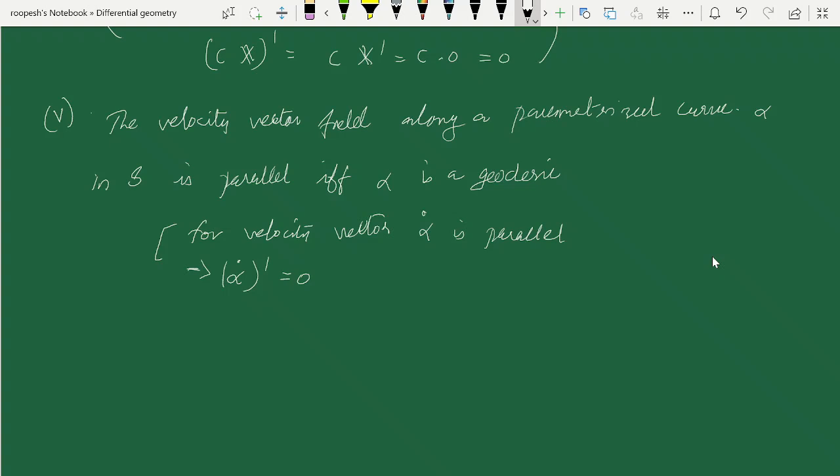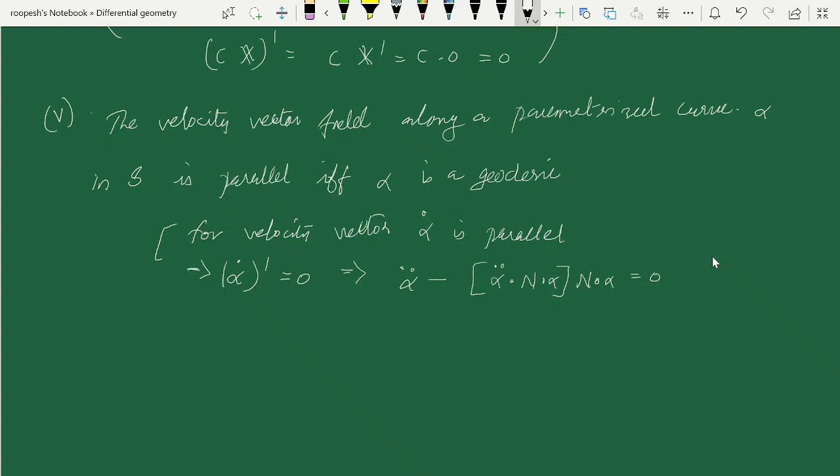And alpha dot dash is alpha double dot minus (alpha double dot dot n of alpha of t) times n composition alpha, which equals 0.